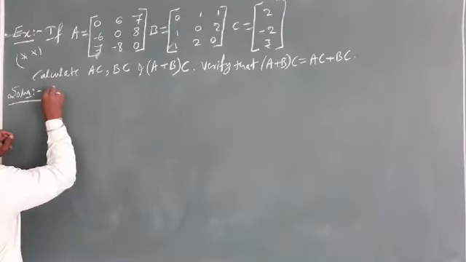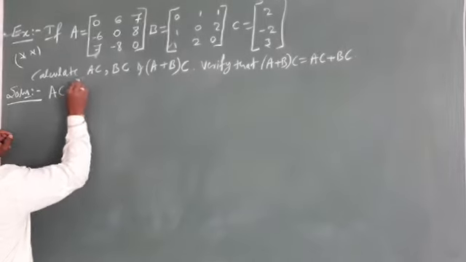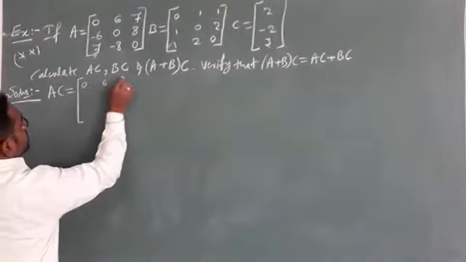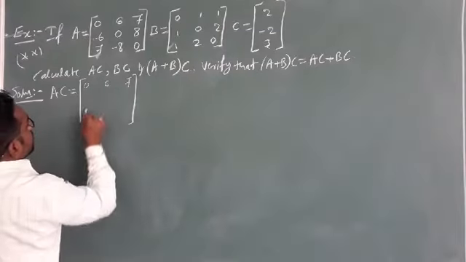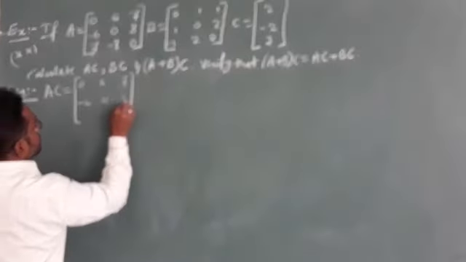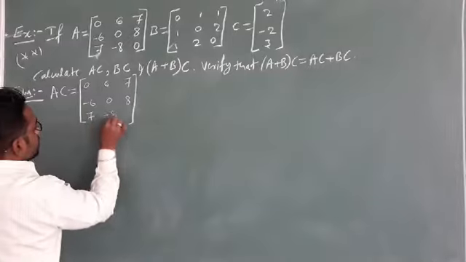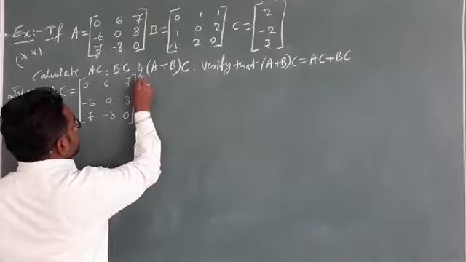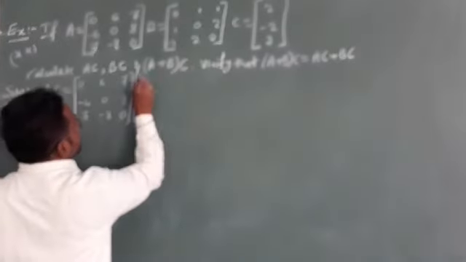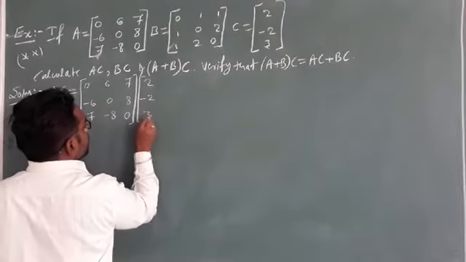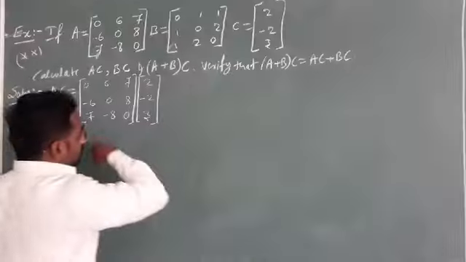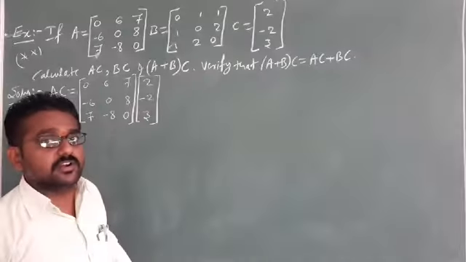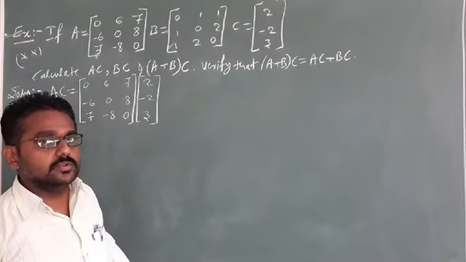So A into C. What is the matrix here? A is 0 6 7, minus 6 0 8, 7 minus 8 0, into the matrix C. What is the matrix C? 2, minus 2 and 3. So whether the product AC is defined or exists or not, how to know that?